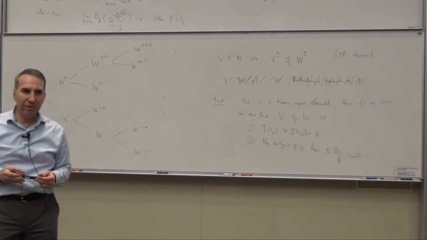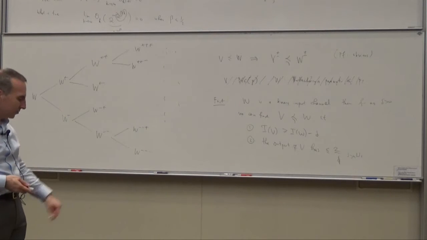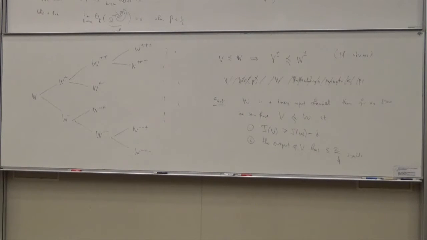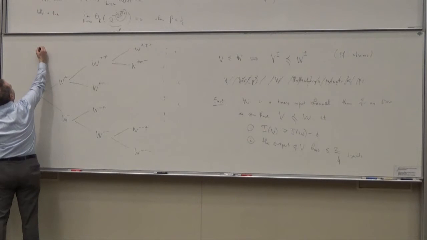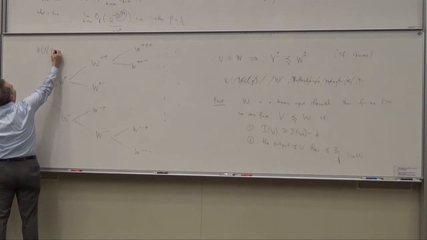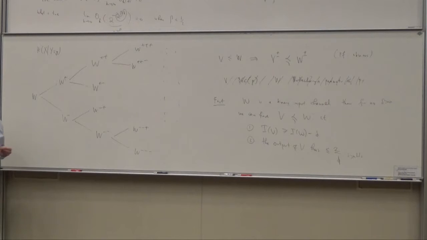Okay. So all you have to do is the following. You take a look at the posterior of x given y equal to y for the original channel W. And then you group together all y's for which these things are within delta of each other.